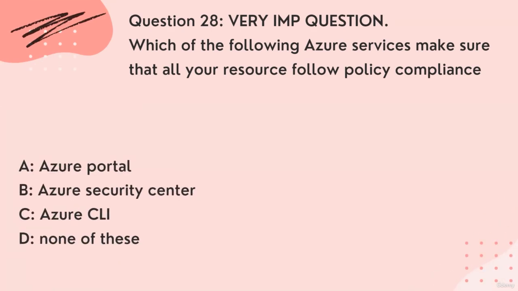Moving further, which of the following services makes sure that all your resources follow policy compliance? When we deploy different kinds of things on Azure, the cloud owner, that is Microsoft, is also responsible for making sure that your application follows policies and standards set by the government for saving data, for hosting an application, and multiple other things.